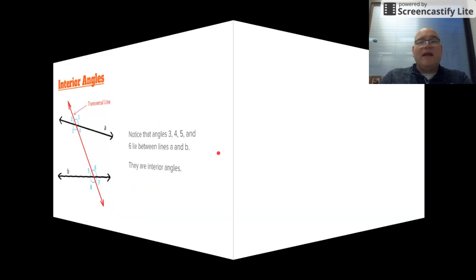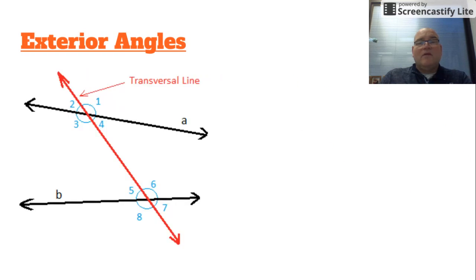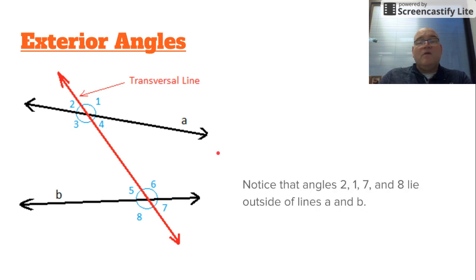Next, we'll define exterior angles. Which ones do you think are exterior? If you were thinking of 2, 1, 7, and 8, you were right. They're outside the two coplanar lines. Thus, they're exterior.